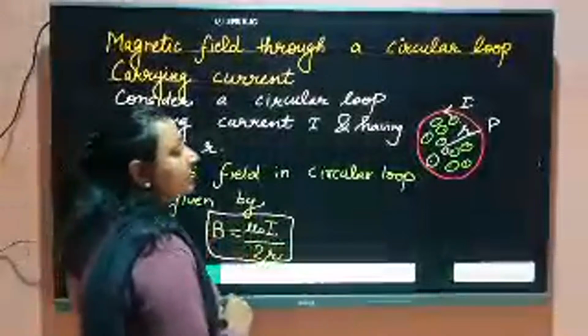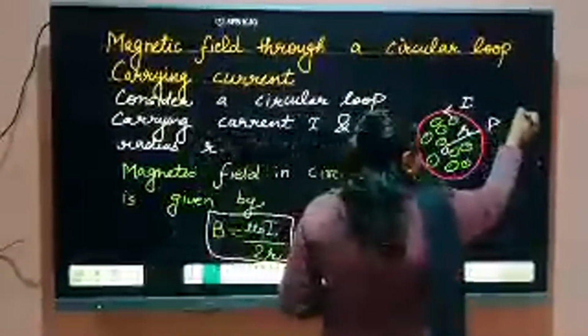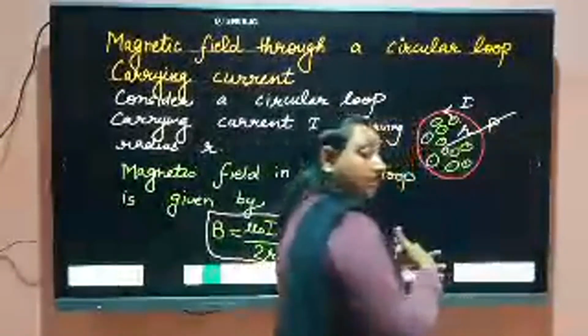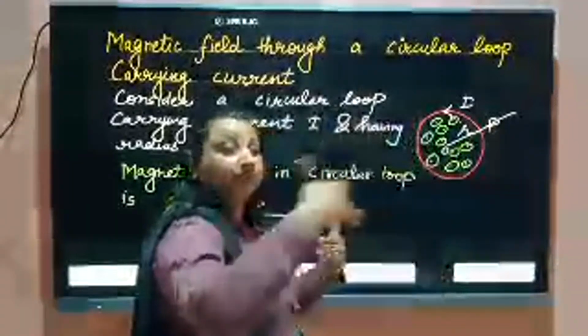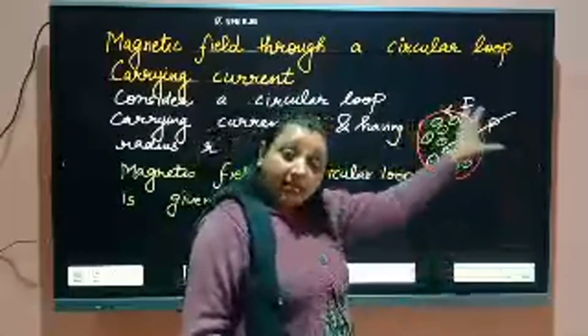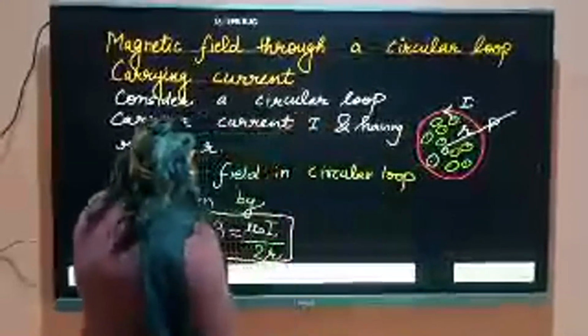R वो डिस्टेंस है जहां पे आप मैग्नेटिक फील्ड फाइंड कर रहे हो. अगर आप यहाँ पे मैग्नेटिक फील्ड फाइंड कर रहे हो तो R इतना हो जाएगा. और ज्यादा दूर है आपका P पॉइंट जहां पे आपको मैग्नेटिक फील्ड फाइंड करना है ड्यू टू दिस सर्कुलर करंट कैरिंग कंडक्टर, ठीक है? तो दिस इज R द डिस्टेंस.